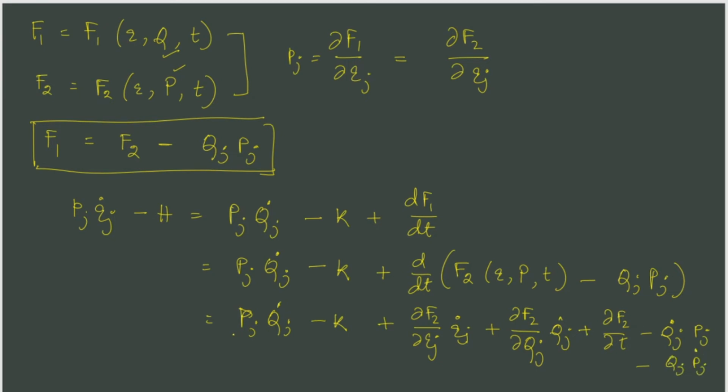So that gives us, you can see the first term cancels, and from the remaining terms we have to match the coefficients. If we match the coefficient of small qj dot, then we get back the relation that we were demanding earlier. So it follows from the matching of the coefficients, and then for the capital Qj, the relation would be different now.